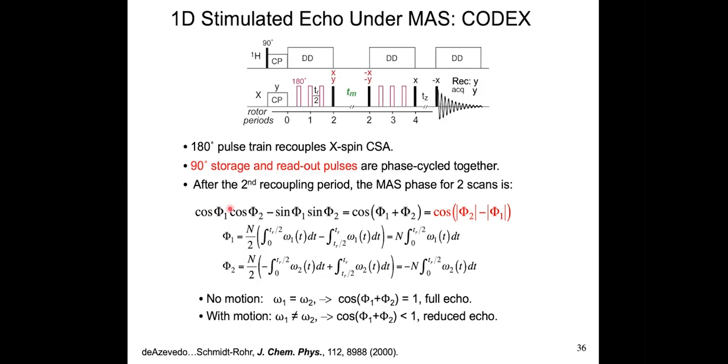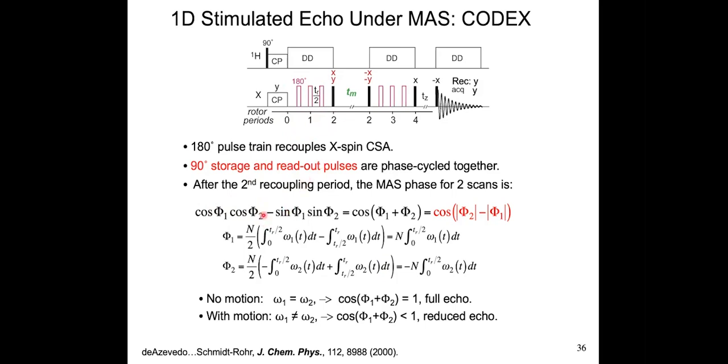The first scan, you want to have cosine modulation, a product of cosines, with argument phi 1 for the CSA phase from the first pulse train, and phi 2 for the second one here. So you want to have cosine for the first scan. And then the second scan, you switch to the Y phase in order to generate sine.